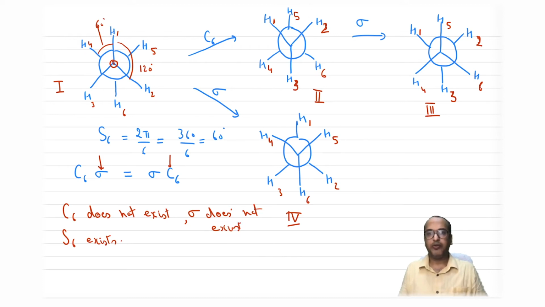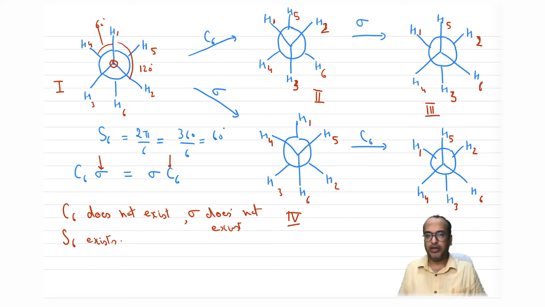Now if we do C6 on this, C6 means again a rotation by 60 degrees anti-clockwise. So that would mean, now what will be the numbering? 1 comes over here, and then 2 comes over here, 3 comes over here, and this will be 4, this will be 5, this will be 6.